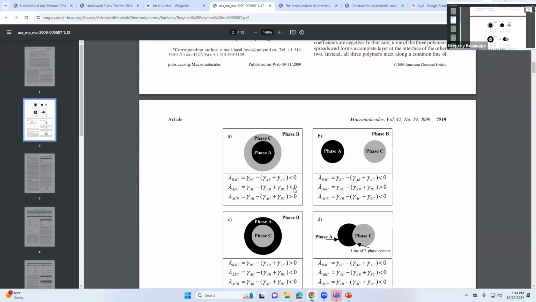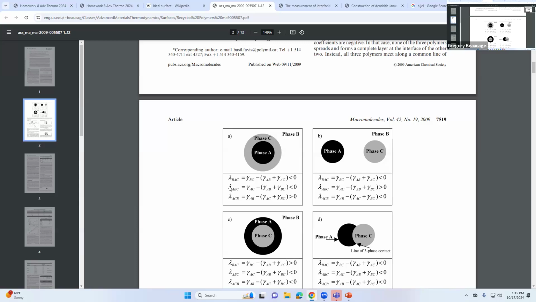So if that's negative, that means A and C have a low interfacial energy compared to A, B and B, C. That means that A wants to be near C. If this is negative, A and C want to be together. So whichever one, A, C, and then B is left out, the guy in the middle.